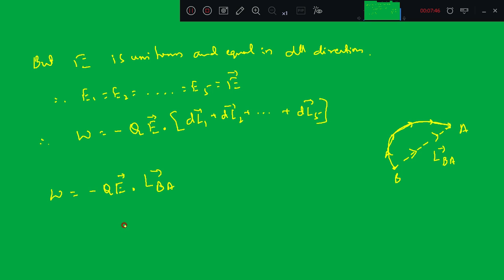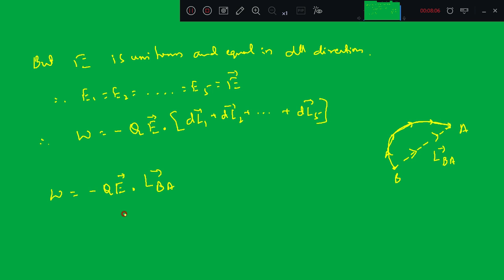Okay. One more property is also true for this. This property is called the conservative property of the electric field E, and field E is said to be conservative. Okay. So this is about the line integrals.